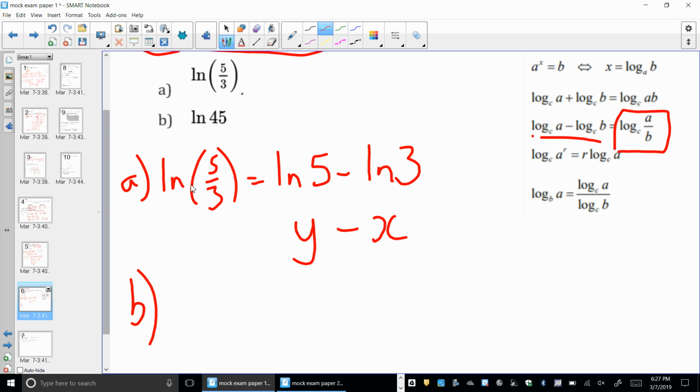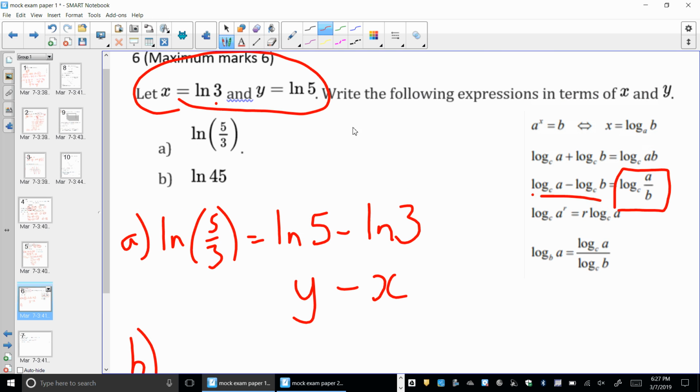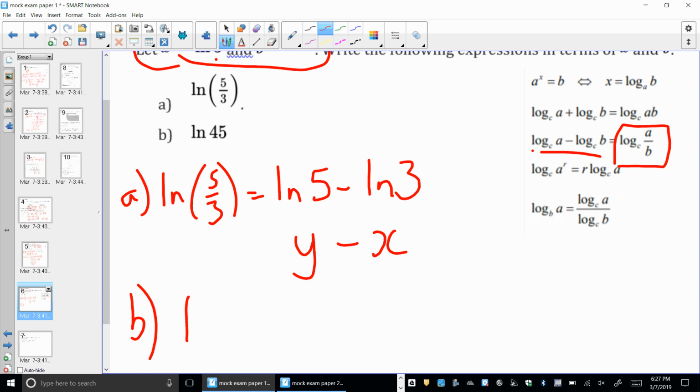Now, ln 45 doesn't look like anything we've got here. However, we've got a 3 and a 5, and we're looking at 45. It's just one of those things you need to practice and recognize that 45 can be written as 9 multiplied by 5.